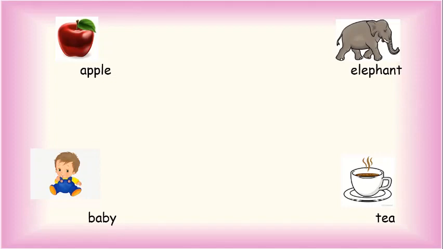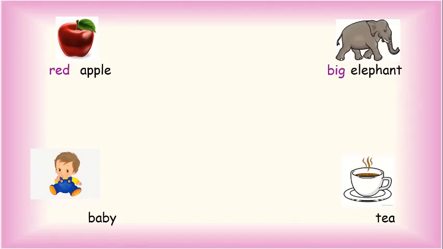What can we say about the apple? The color of the apple is red, so let's say red apple. The next is elephant. Elephant is a big animal, so let's say big elephant.